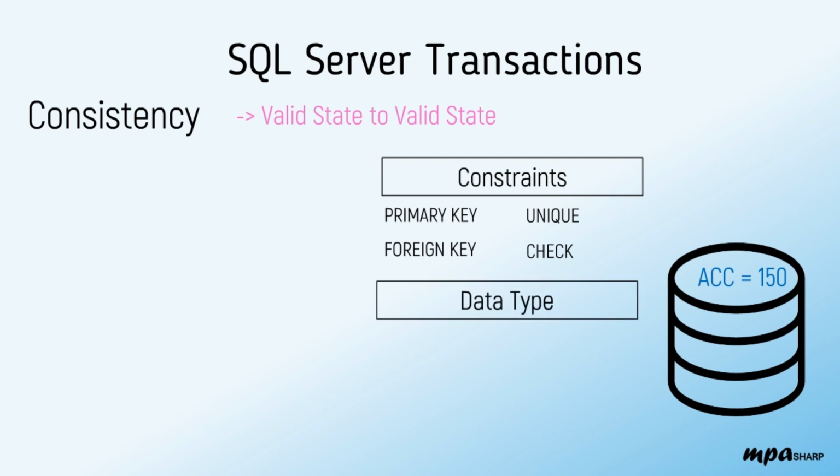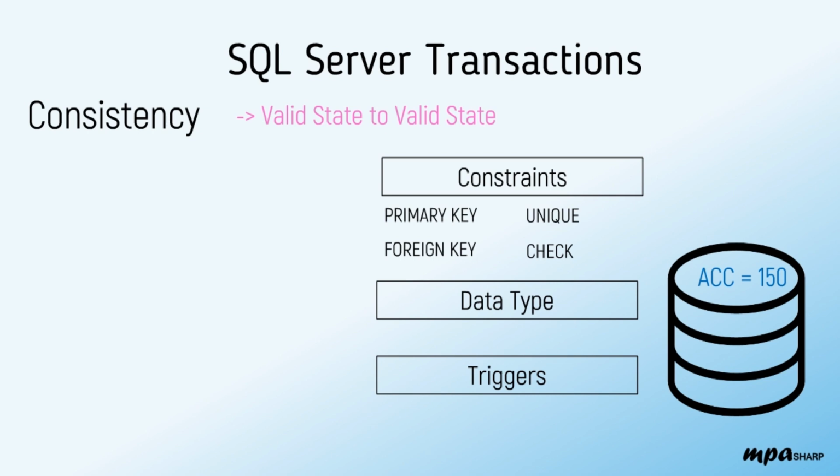The database makes sure that the data types match and doesn't allow you to enter strings into number fields. Then triggers keep the database logic and automatically run on inserts, updates or deletes. If a transaction would violate any of these rules, it cannot be committed and it will be automatically rolled back. So why is it important?